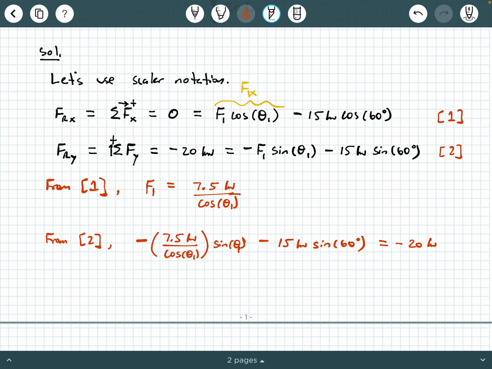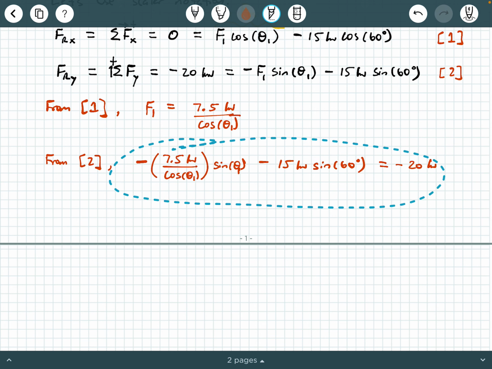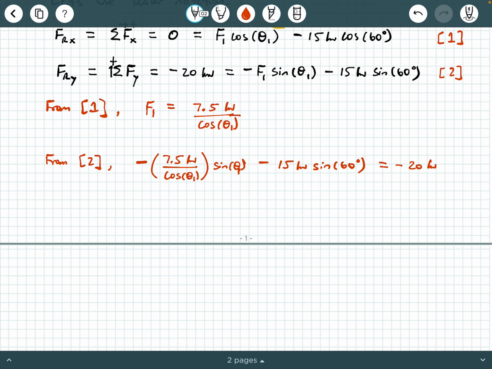So what have I gotten myself set up for? Well, now this version of equation 2 only has one of those unknowns, theta 1. So I can rewrite equation 2, and guess what I can rewrite it as? I can say that's 7.5 kilonewtons times the tangent of theta 1 equals 7.01 kilonewtons.